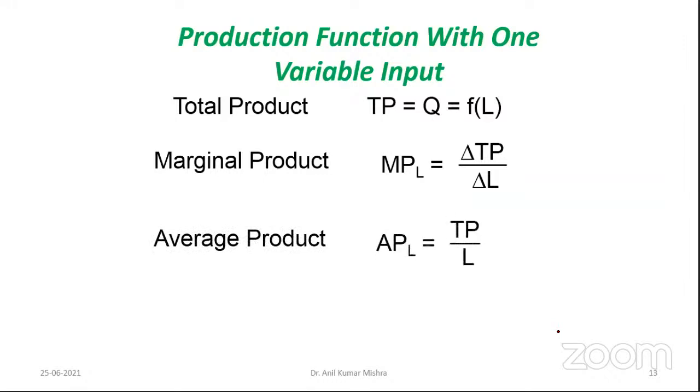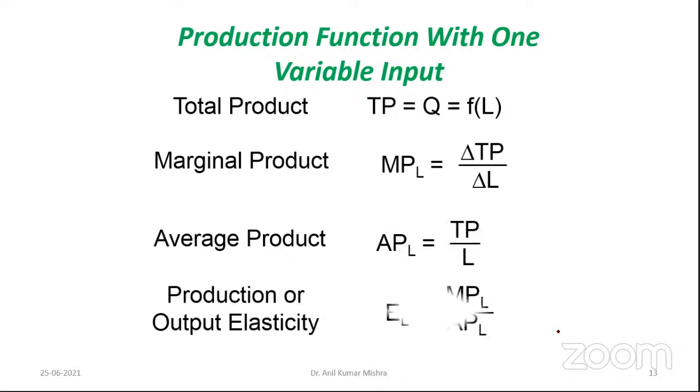And average product means total product divided by the total amount of input factors. Remember this one: the marginal product can be treated as the derivative of the total product with respect to labor.